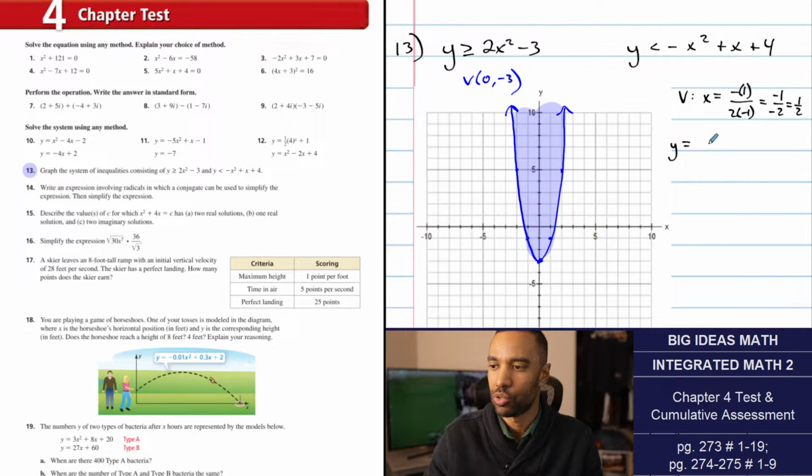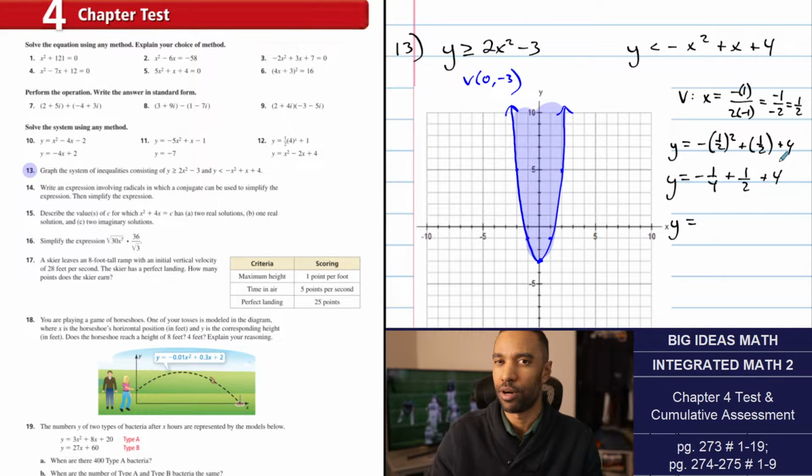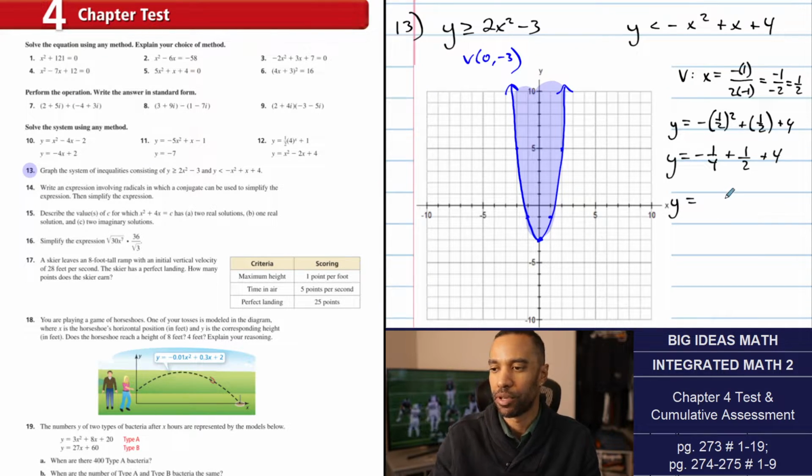If we substitute 1/2 into there, we get negative 1/2 squared plus 1/2 plus 4. That's negative 1/4 plus 1/2, which is positive 1/4, plus 4 is 16/4. 1/4 plus 16/4 is 17/4.